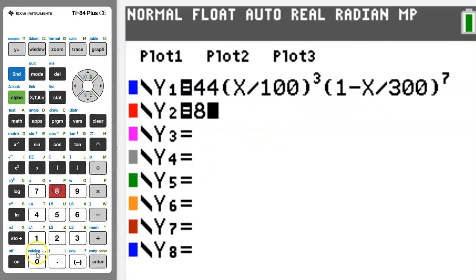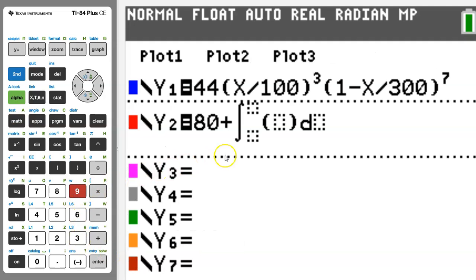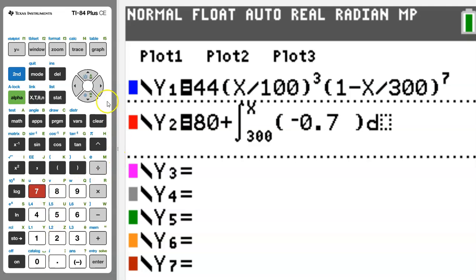For the integral, we do math 9, and we are integrating from 300 to x. All right, it's an integral defined function, but your calculator can handle this. And in here, we have the simple function of negative 0.7. And we can just use x again, and that's fine.